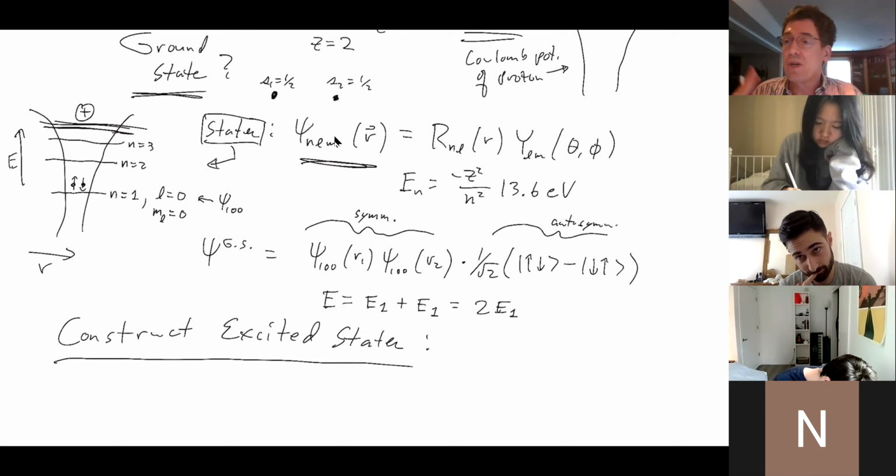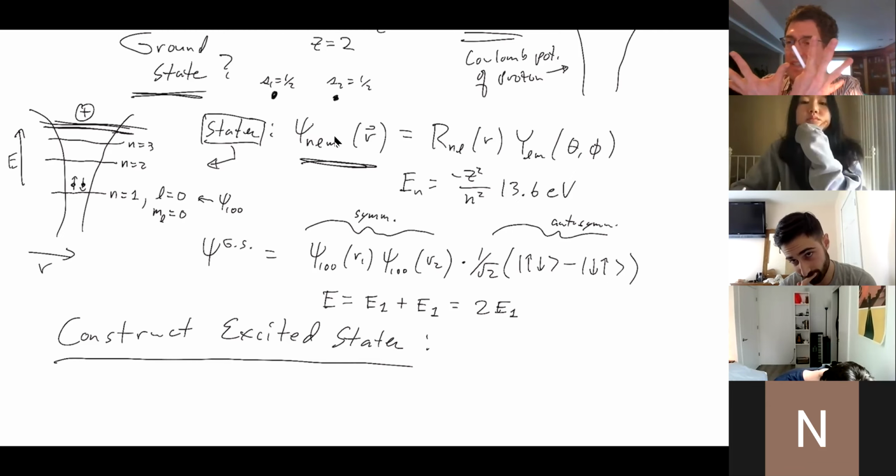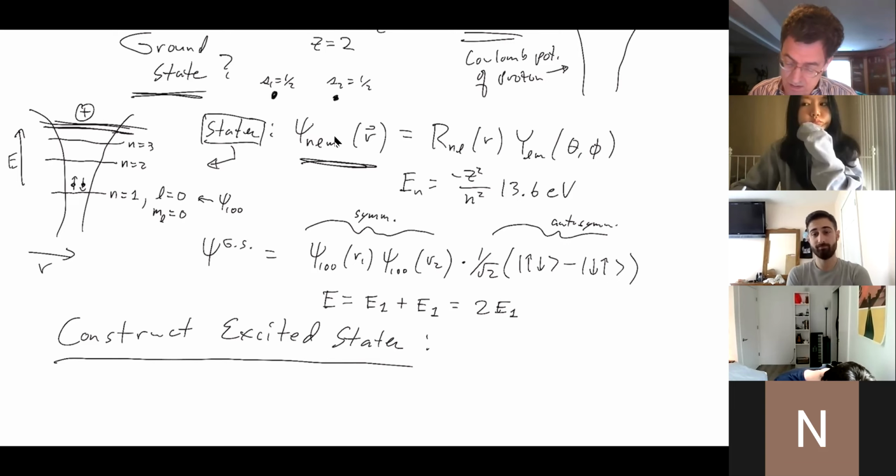There's just no way to do it. So if I put the two particles in the same spatial state, then that spatial state will always be symmetric under particle exchange, because it's the same function times the same function. If I exchange the labels, it's always the same. That means the spin part has to carry the anti-symmetrized part. So if we put two different particles in different energy levels, then we can have a symmetric spin state? Yes, and we're about to do that.